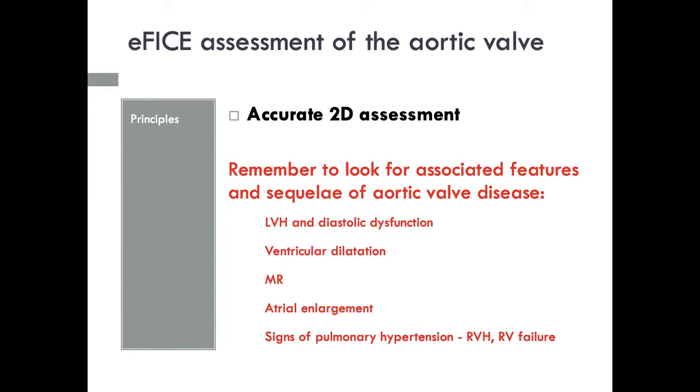In a patient with aortic regurg, whether they have ventricular dilatation and also consequent mitral regurg and left atrial enlargement from either aortic stenosis or regurgitation. And in both cases as well, signs of pulmonary hypertension. So with chronic disease, pulmonary hypertension will give rise to right ventricular hypertrophy and potentially longer term to right ventricular failure.